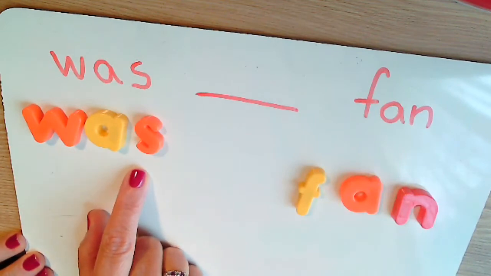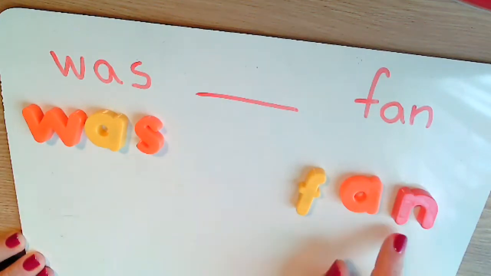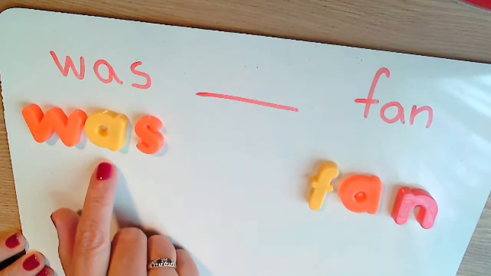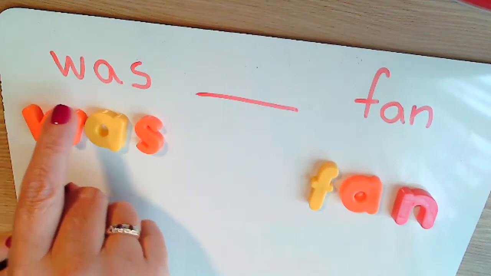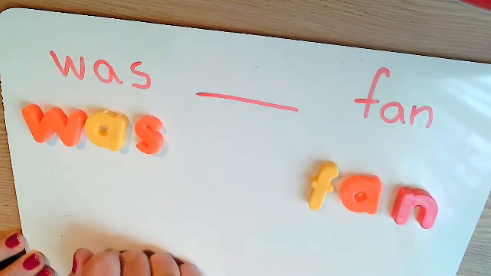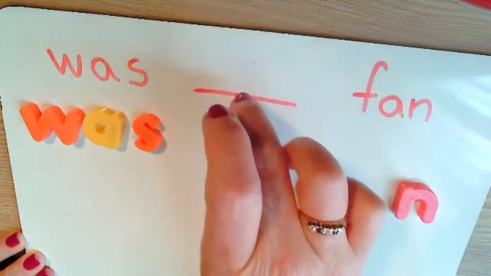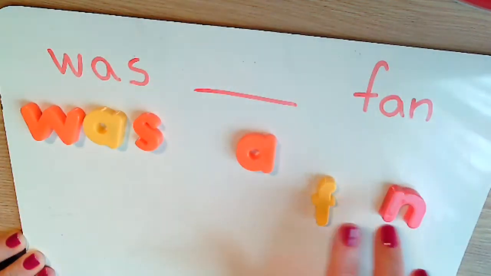Okay, it's got to be a real word, but we're only allowed to change one of those letters using the letters here. But what we first want to point out to the child is that one of the letters remains the same. So between the word was and fan, the A is the same. It doesn't change. So we don't want to change that one then. We know that that one is going to stay in the middle of the word. So that just gives us the F or the N.